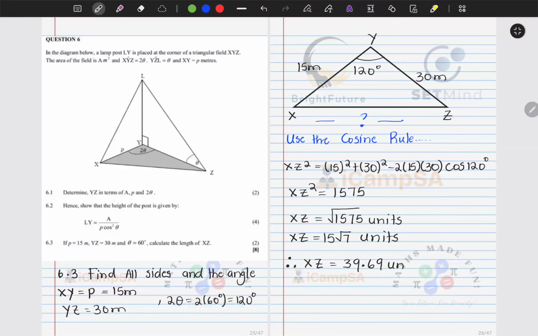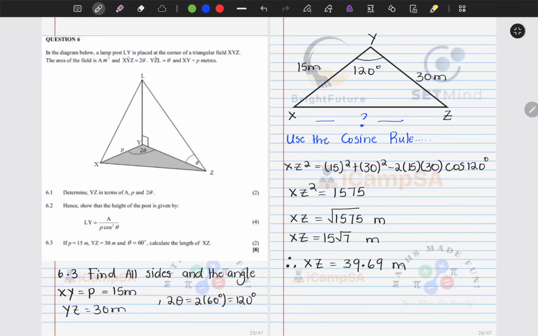Well, there's no need to use units. This is in meters. Okay, so let's just say meters, meters, and meters. So that is what they were expecting us to do to get these 8 points here.